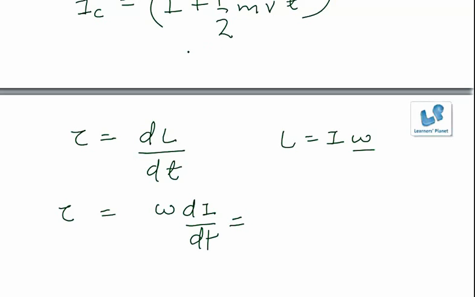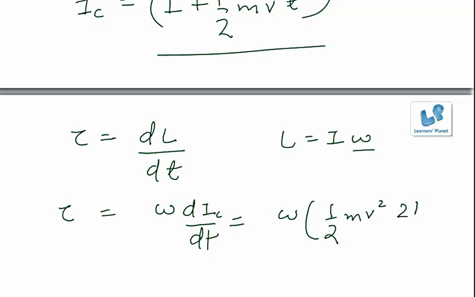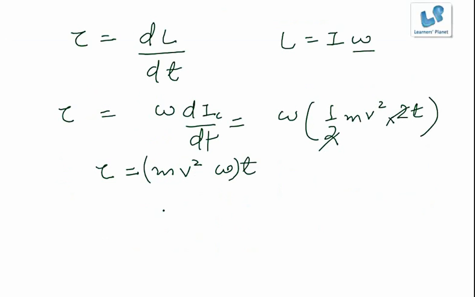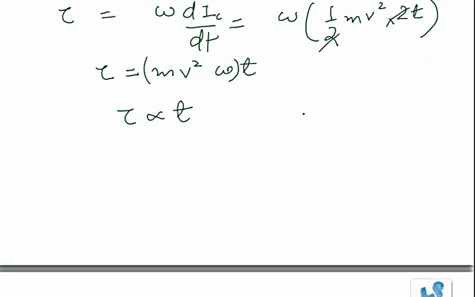Now if we differentiate this moment of inertia, I being constant, we will get omega times half m v square times 2t. So this will cancel out and we will get tau equal to m v square omega times t.